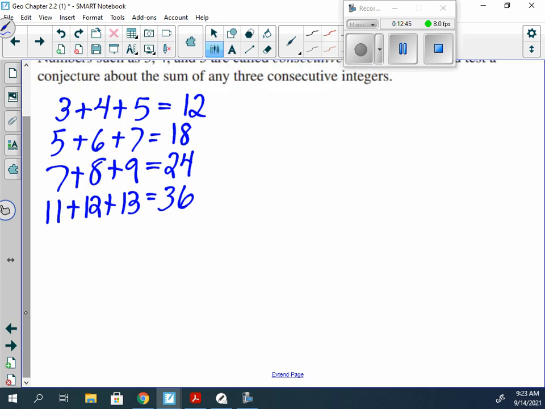I'm going to pick just a set. Let's say 78, 79, and 80. 70 and 70, so 78 and 79 would be 7, carry the 1, 157.